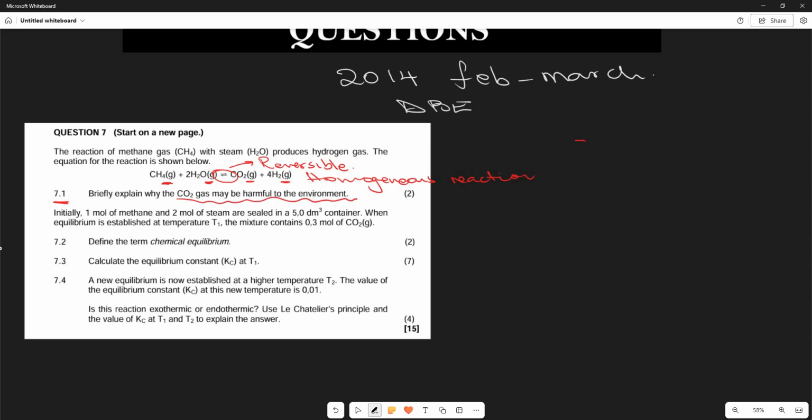So carbon dioxide is a gas that contributes to greenhouse gases, which then leads to global warming, and which may also lead to climate change, and other factors that you can add. It's air pollution.